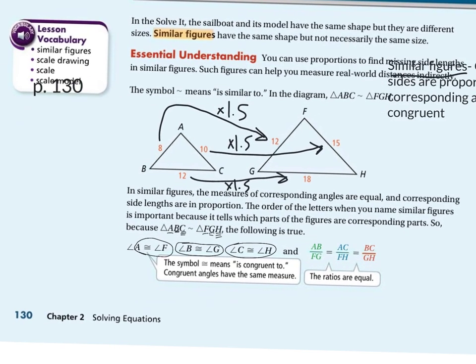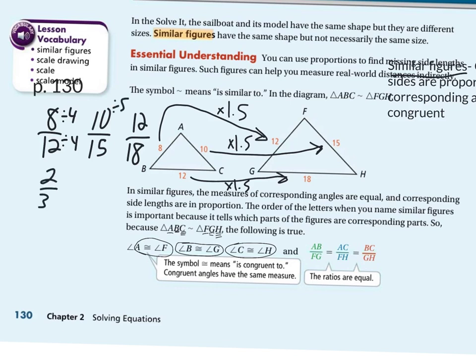Or I didn't write it this way, but basically if these were fractions like 8/12 and 10/15 and 12/18, as long as we don't have any decimals in these, then they should all reduce to the same fraction. So these all reduce to 2/3. So one of the triangles, the smaller one, is 2/3 the size of the bigger one, for example.